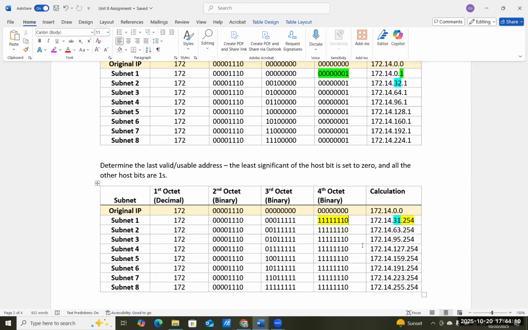That's why we subtract the 2 at the beginning. So you basically replace the last octet with 254 for the ending usable IP in each range. Simple. And if you look at the binary, you see it flips the bits.